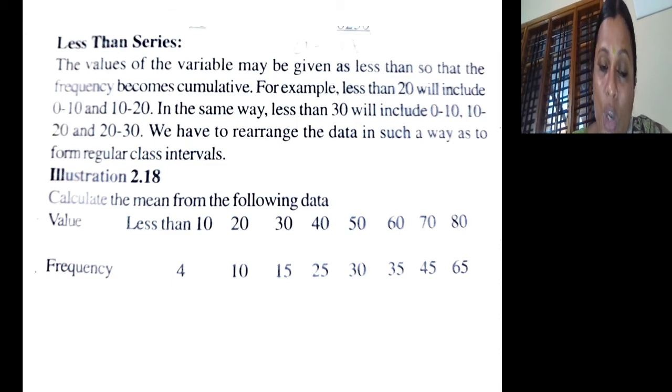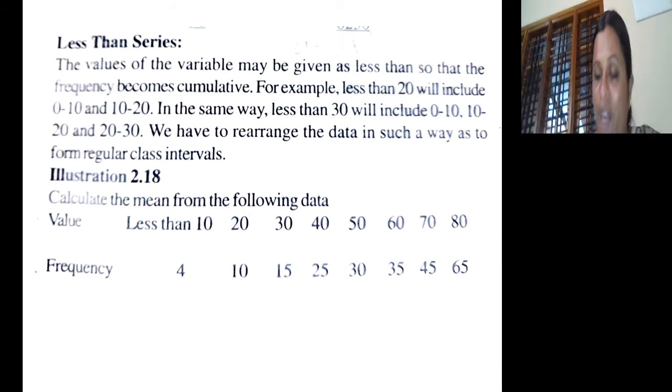That's why you deduct 10 from this 10 to arrive at the lower class limit: 0 to 10. From 20, 10 to 20. From 30, 20 to 30; from 40, 30 to 40; from 50, 40 to 50; from 70, 60 to 70; from 80, 70 to 80. This is how we have to rearrange.